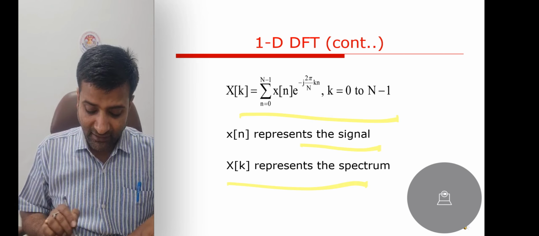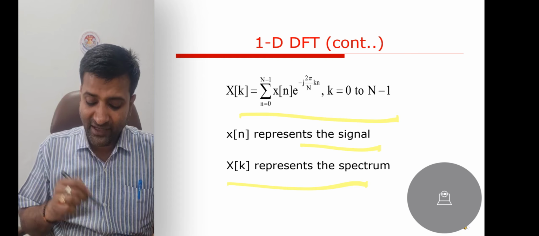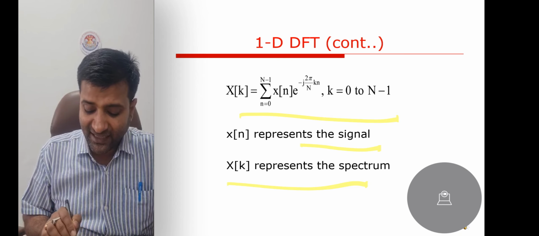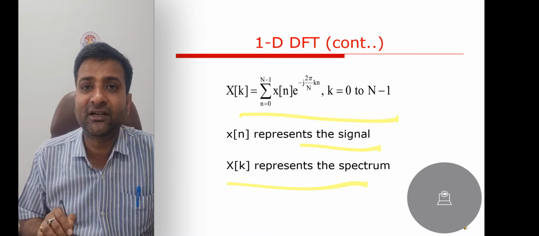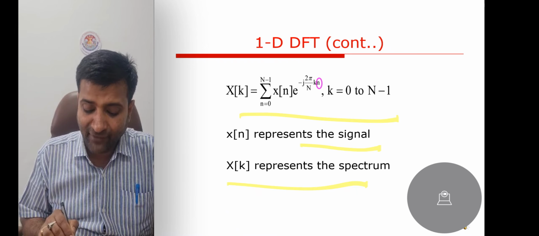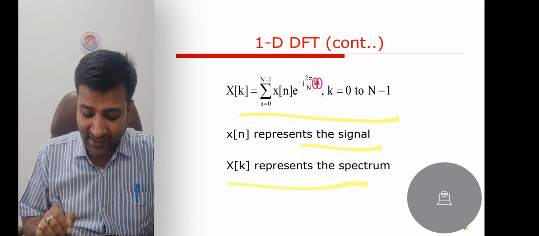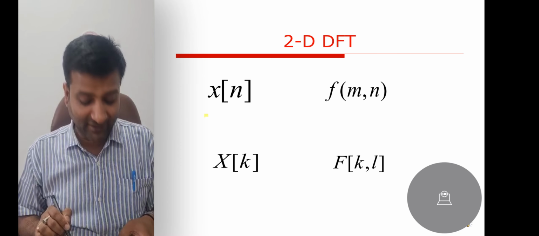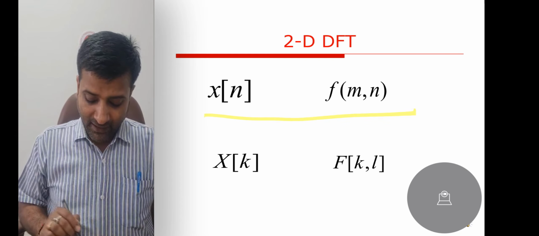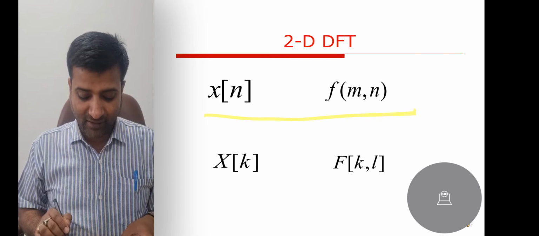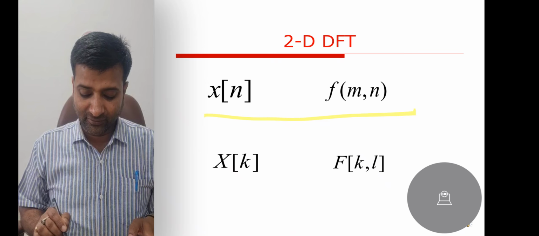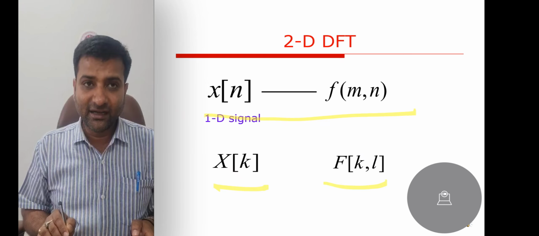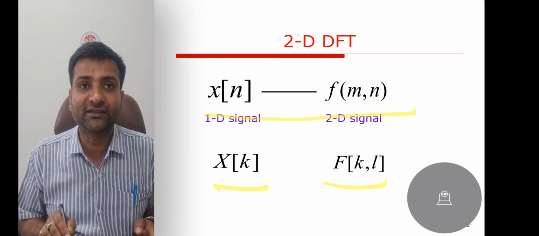This can then be extended to the two-dimensional discrete Fourier transform. Then x(n) is represented by the two-dimensional f(m,n), and X(k) by F(k,l). This is the two-dimensional representation, the basics of the two-dimensional Fourier transform.